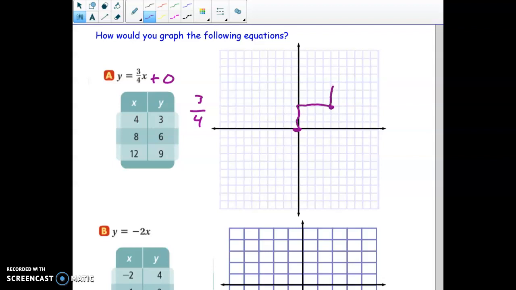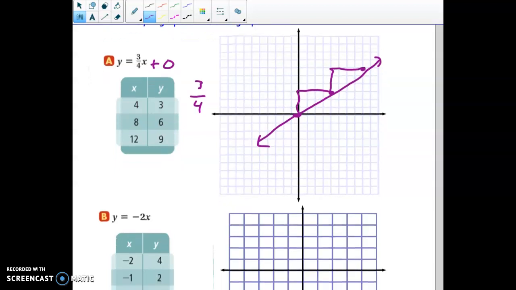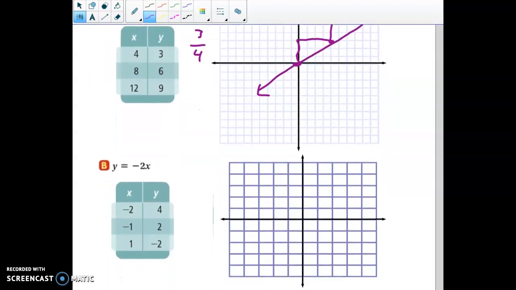If you go 3 and 4 a second time, you get another point, and then if you just connect those points, you get a graph of the line. Okay, so you can graph a direct variation pretty easily because it's just a slope and a y-intercept of 0.